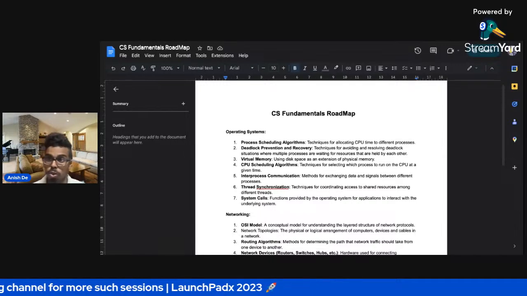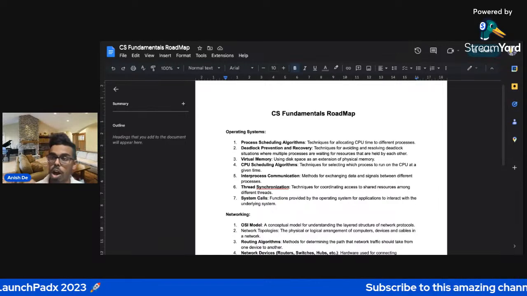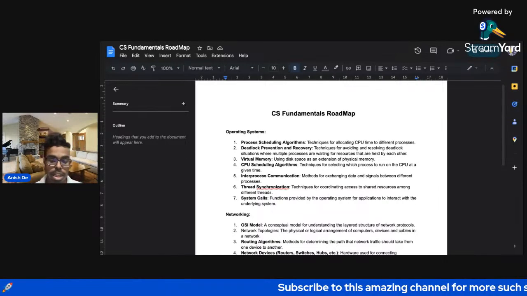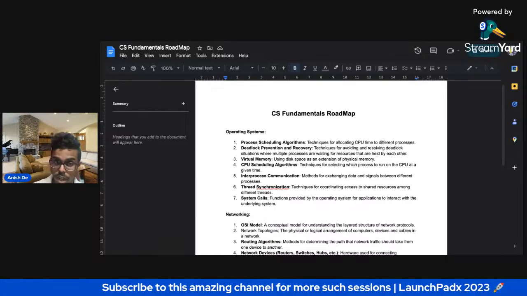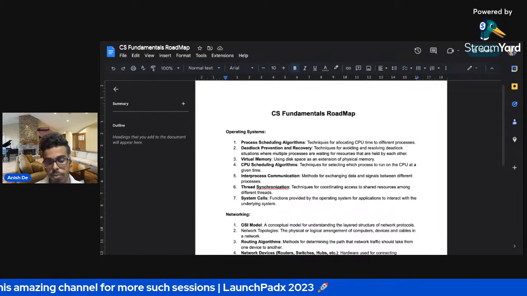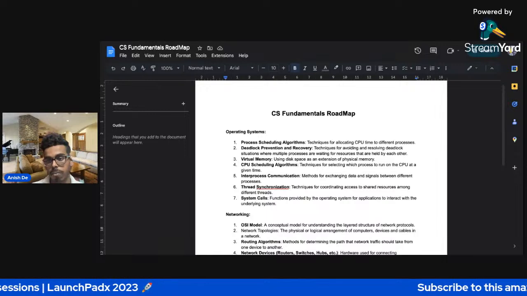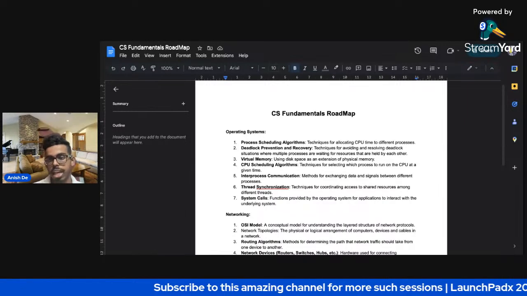You can go and read about them. I will share the link in the doc, and the doc will be shared with you after the session. There are some ways to prevent deadlock as well. Deadlock is basically when situation A depends on B, and situation B depends on A, so it becomes a cycle and you can't get out of it.